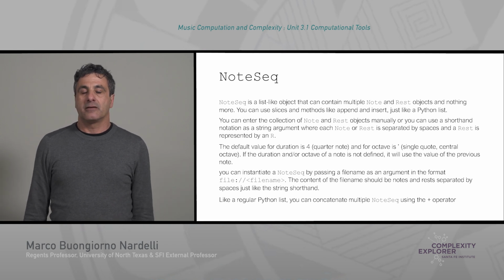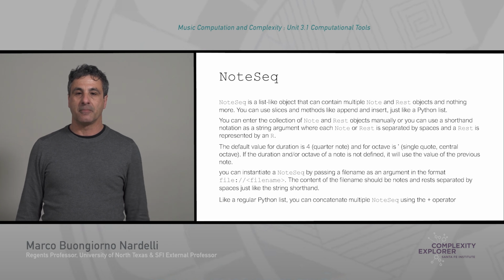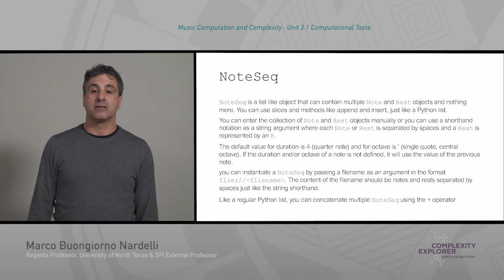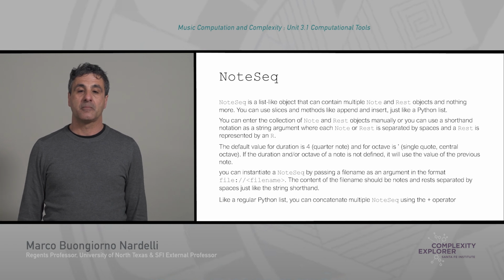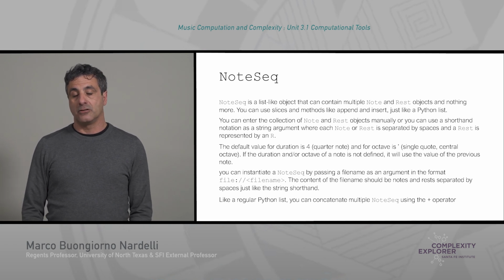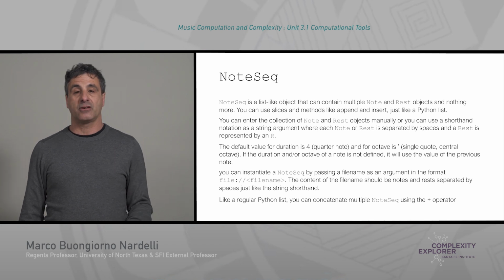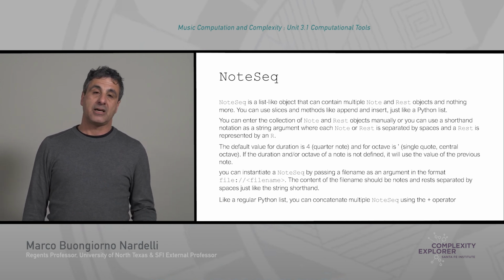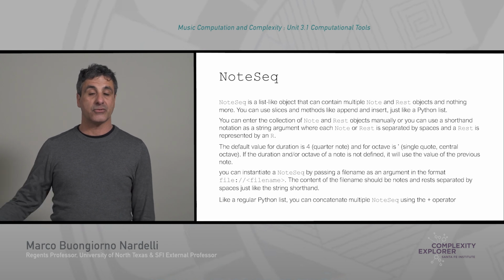It behaves like a Python list, so you can add to it with append or insert to it with the insert method. You can use directly note and rest objects in this note seq class. You can use the shorthand notation using a string.